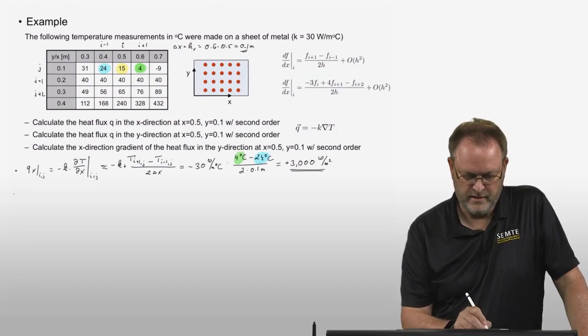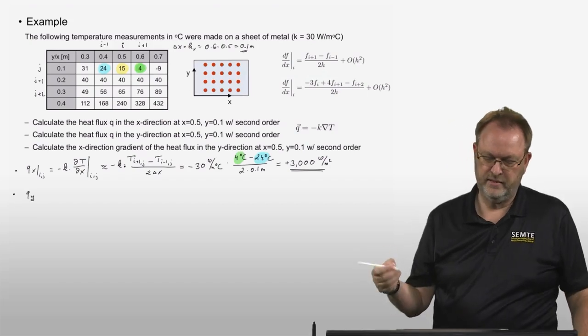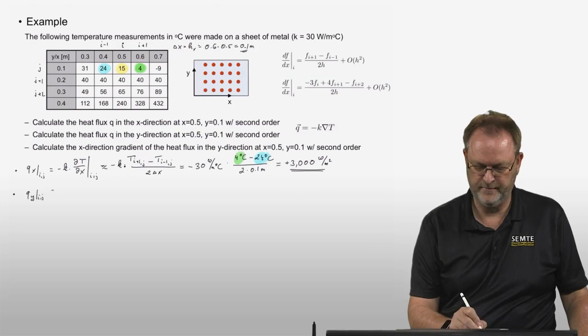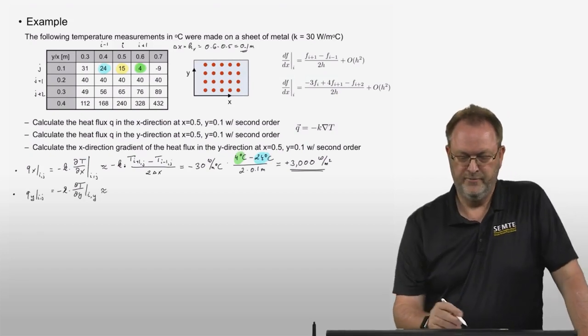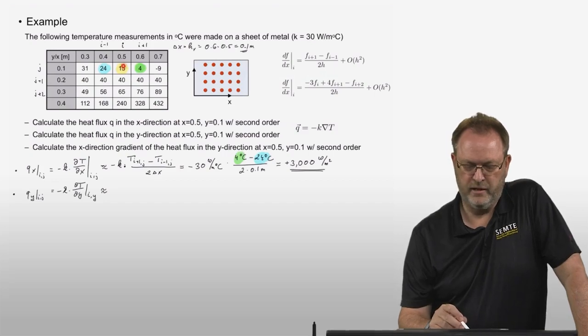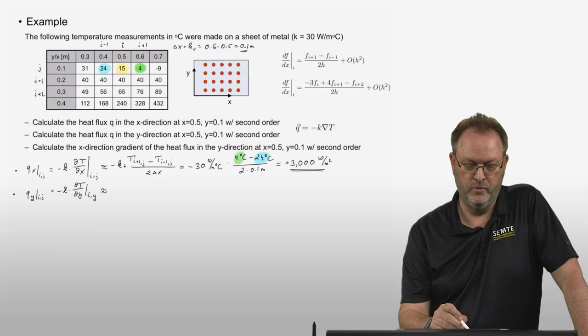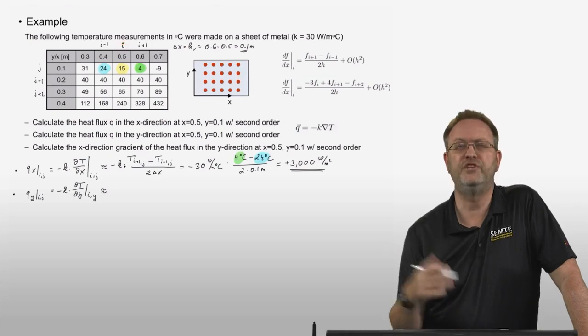Next up, I'm supposed to calculate the heat flux in the y direction at the same location ij. So that's minus k times the partial derivative of temperature in the y direction. Now if we look at this here, I won't be able to apply that second order central difference formula, which would take this value here at j plus 1, but it would require a value at j minus 1 up here, which I don't have.